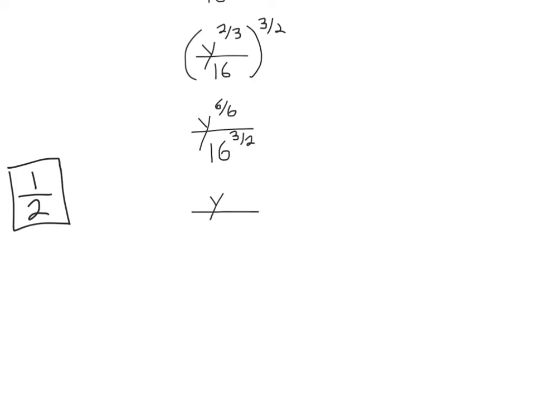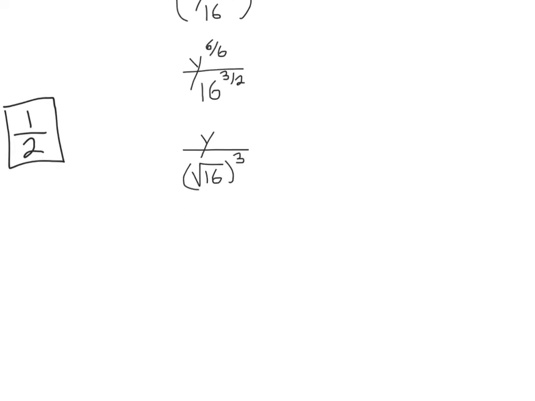In our denominator, one thing you might notice is that if we rewrite this as a radical, it would look like this. So this is actually the square root of 16 cubed. Remember, inside out. The 2 we don't write because it's a square root. And we can simplify this. We know that the square root of 16 is 4.